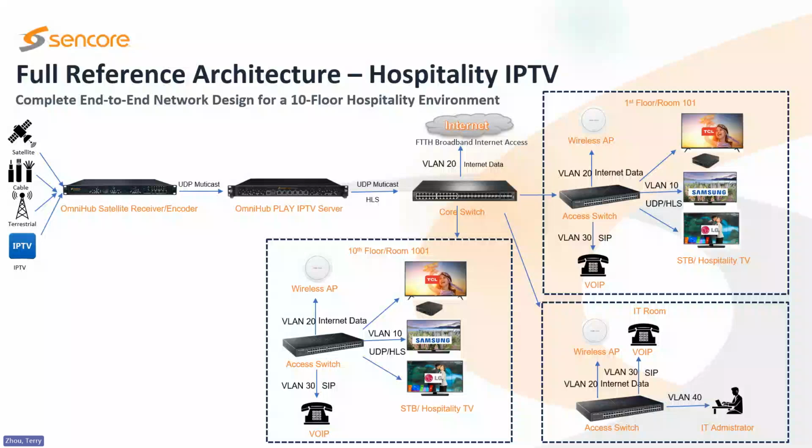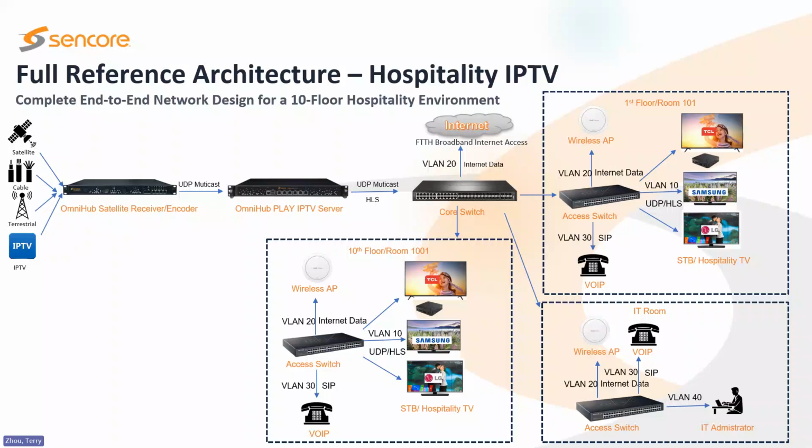Then in the internet access point, we have a core switch. And on each floor, typically we have what we call the access switch. If the floor has a lot of rooms, maybe you have multiple access switches.